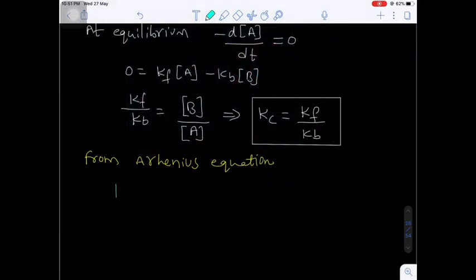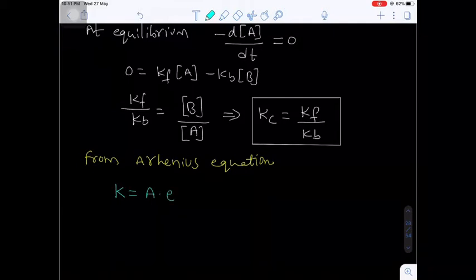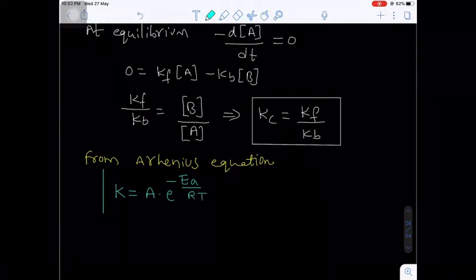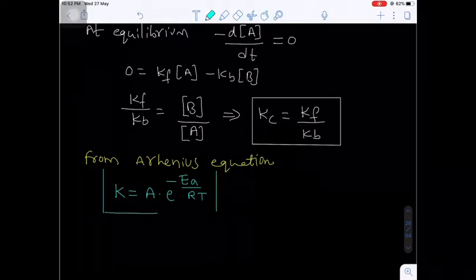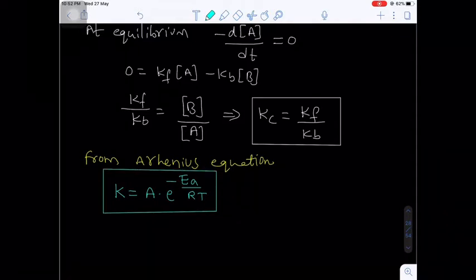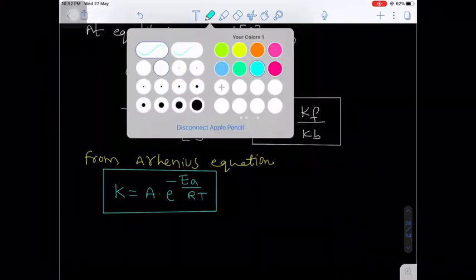From the Arrhenius equation, K is equal to A into e to the power minus Ea divided by RT. This expression is known as the Arrhenius equation. We have the derivation of this expression in the chemical kinetics chapter, so now we are directly using this equation.